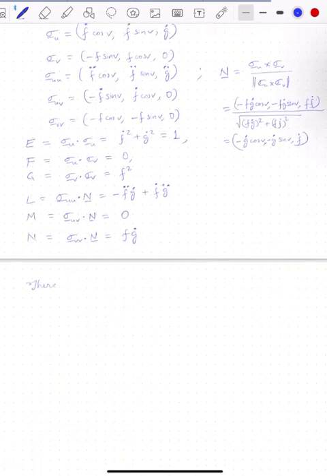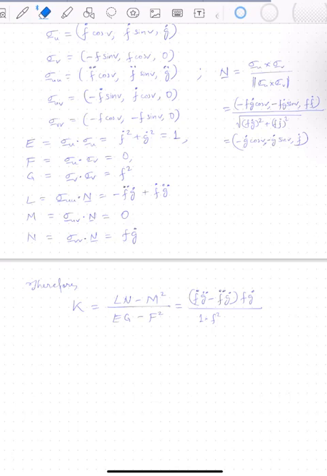Therefore, the Gaussian curvature is Ln minus m squared divided by Eg minus f squared, and L into n is like f dot g double dot minus f double dot g dot into n, which is f g dot, and minus m, so m is 0, so no issue, and divided by 1 into f squared minus, uh, f squared is 0, so it's like 1 into f squared.